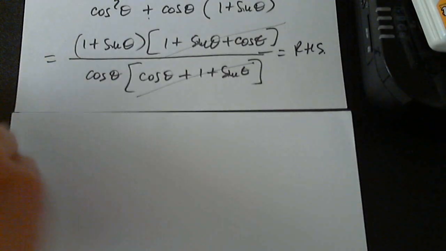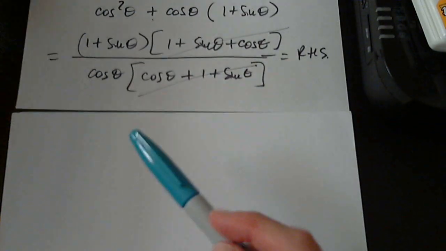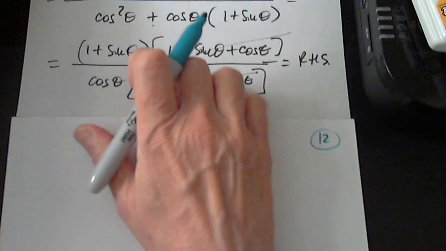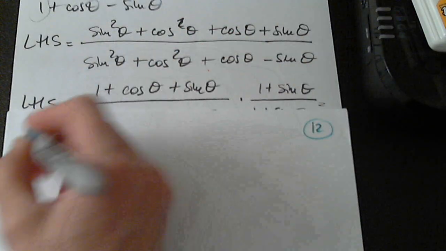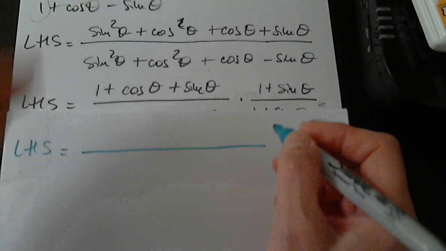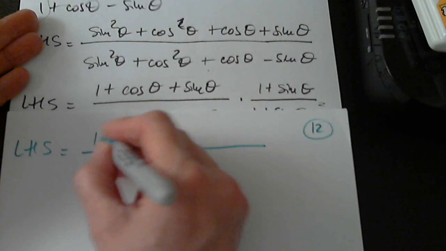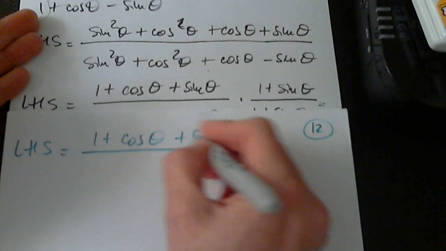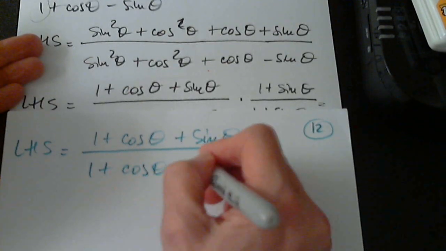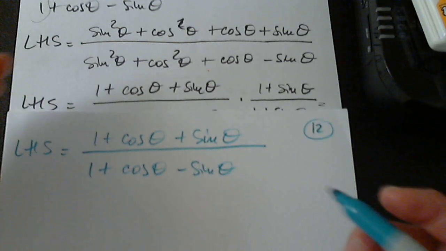That was an interesting one. Which page am I on? 12. Okay. So I'm going to start from scratch. And we had the left-hand side, which is kind of weird, you have to admit, plus sine theta over 1 plus cosine theta minus sine theta.